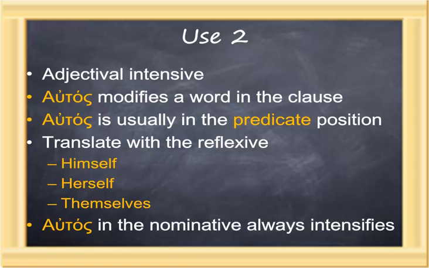The adjectival intensive is translated with the reflexive in English: himself, herself, themselves. And as an aside, autos in the nominative always intensifies, although sometimes that's a little bit awkward to translate in English, and so we just go with the pronoun. But it is there for emphasis.